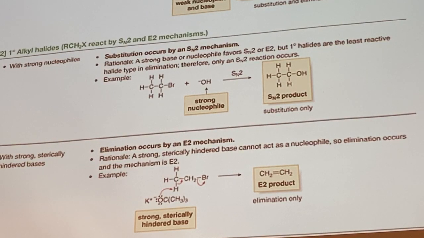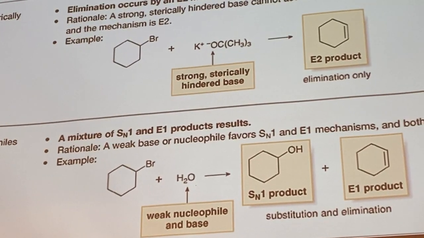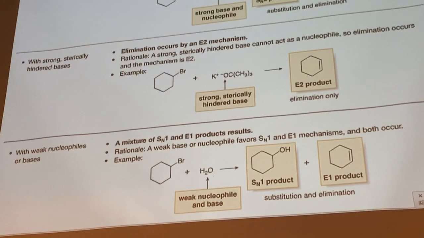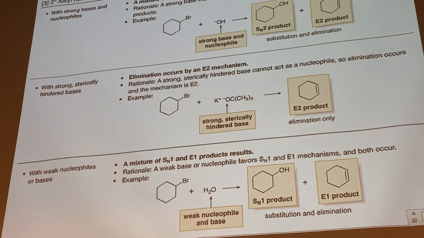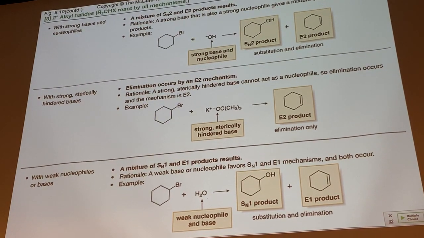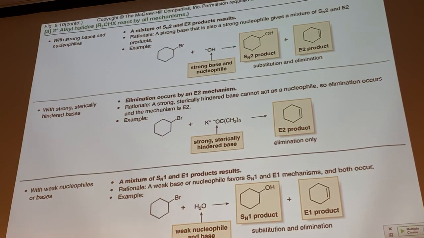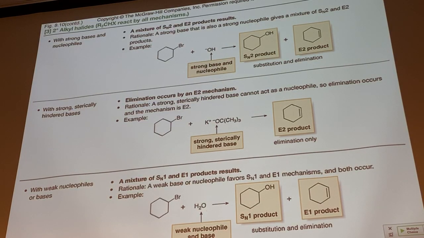Okay? And then we go to the next table, the secondary alkyl halides. This is where we have the most possibilities because the relative rates of the SN2 and the E2 reaction are intermediate with secondary alkyl halides. Those rate trends cross at the secondary alkyl halide, and so you get mixtures of SN2 and E2 if you were using something that is a strong base and a strong nucleophile.